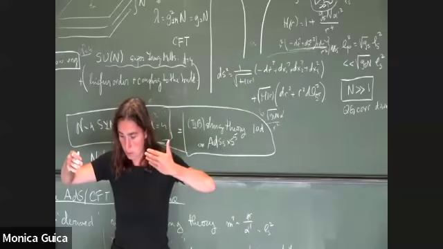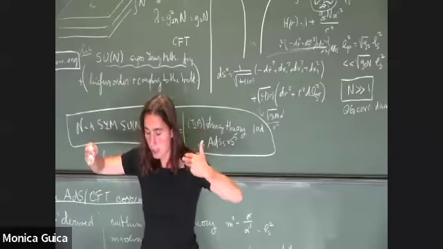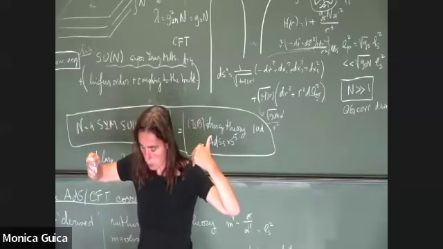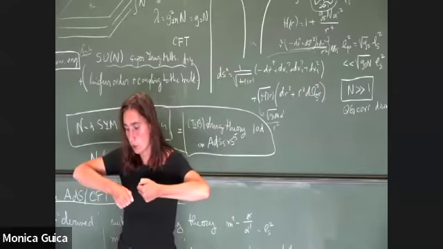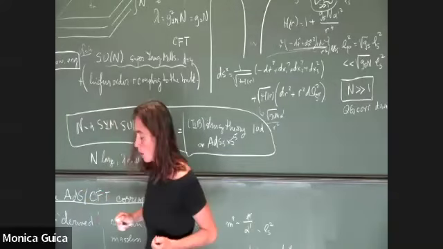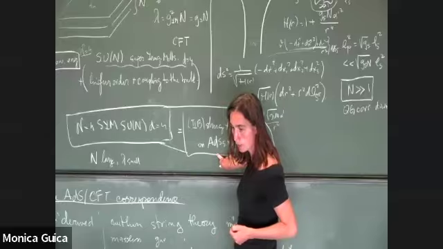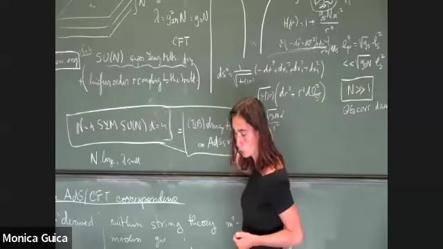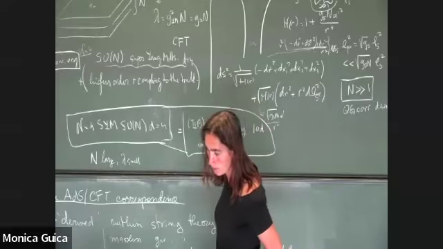Both the hyperbolic space, AdS5, and the S5 have some finite radius, which depends on the 't Hooft coupling of the gauge theory. You can try to take a limit where you send that radius to infinity. Note that if you decompactify the AdS5 to get flat space, you're also going to decompactify the S5. So you're not going to get five-dimensional flat space, you're going to get ten-dimensional flat space.